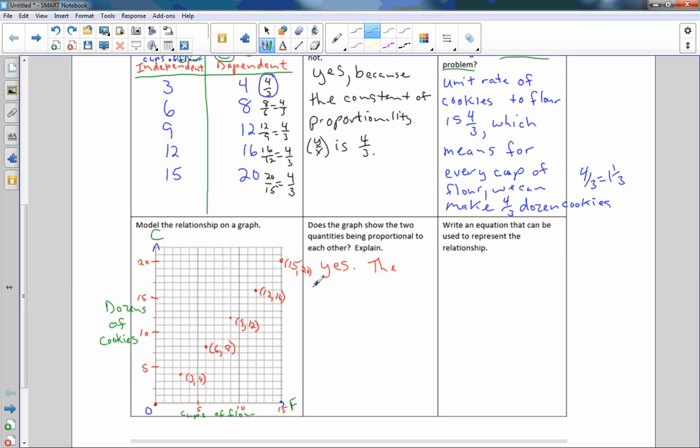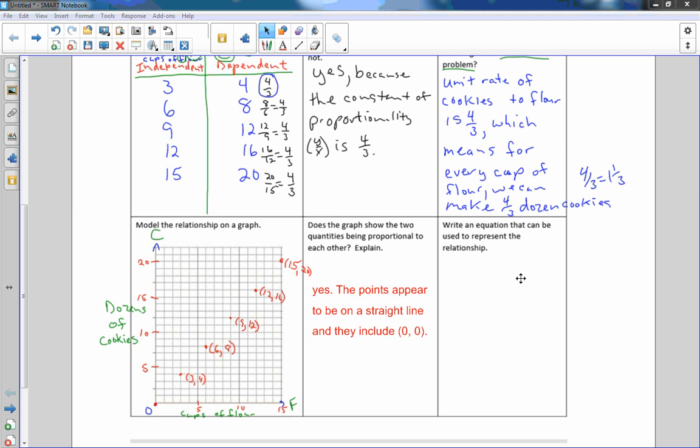The points appear to be on a straight line, and they include the origin 0, 0. Okay, decided to clean that one up, and I should probably do this one too, so I probably will.